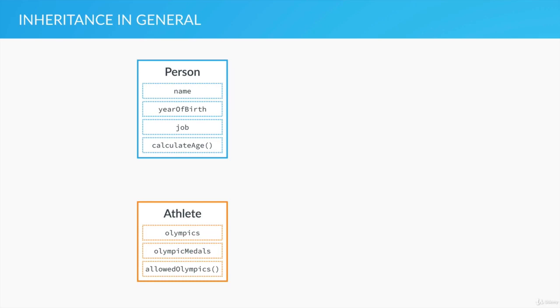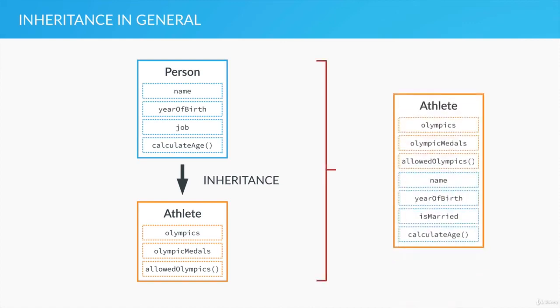So when we define the blueprint, so the constructor, for an athlete, then why repeat the same stuff that we have in our person constructor? An athlete also has a name, year of birth, and job, right? So what we can do is to use inheritance. We make the athlete object inherit the properties and methods from the person object.